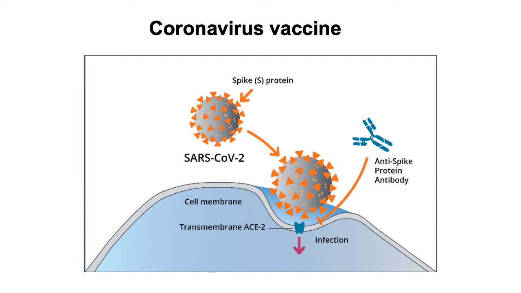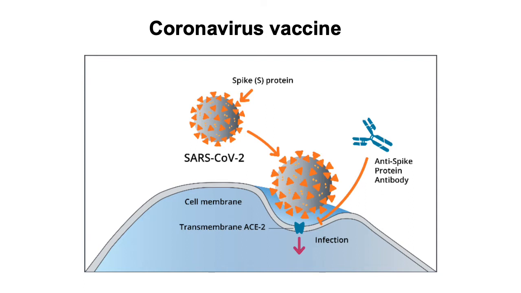So again, in this slide, we see the spike protein on the outside of the coronavirus, and we generate an immune response to the recombinantly produced protein. Hopefully that anti-spike protein antibody that you see on the far right can come in and block the ability of the virus to interact with the ACE2 protein that's shown there on the surface of the cell.